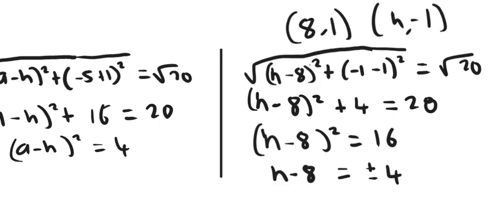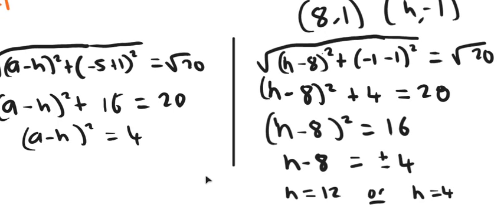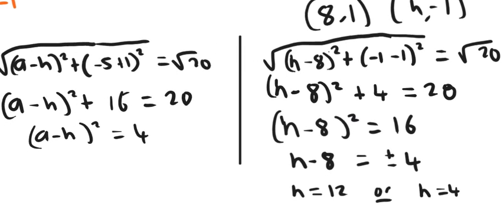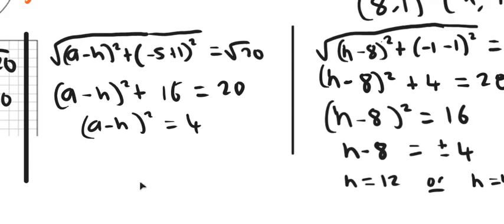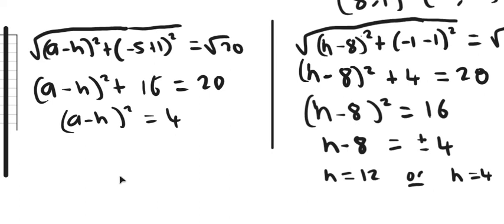So I'm going to get h is equal to 12 or h is equal to 4. So that's when you're allowing for plus 4 plus 8 or minus 4 plus 8. So I have two values for h here. I need to get rid of one of them. So I need just one value of h to put into the equation of the circle.